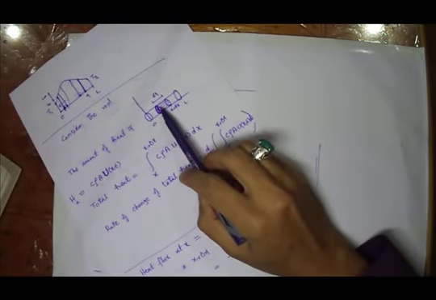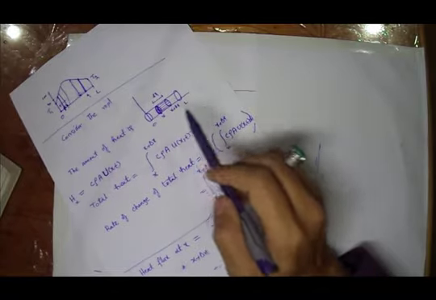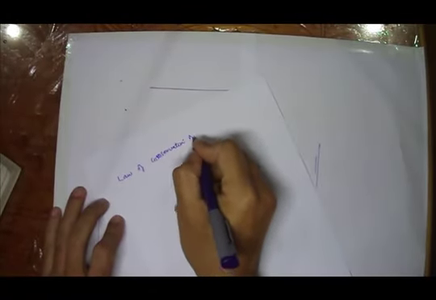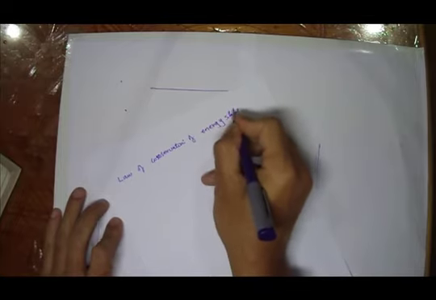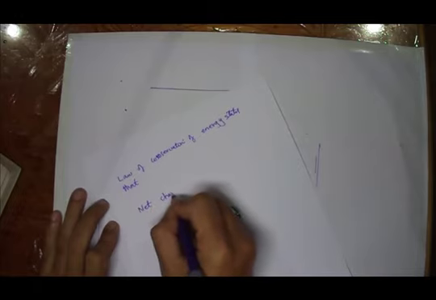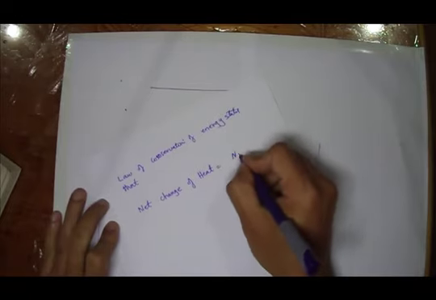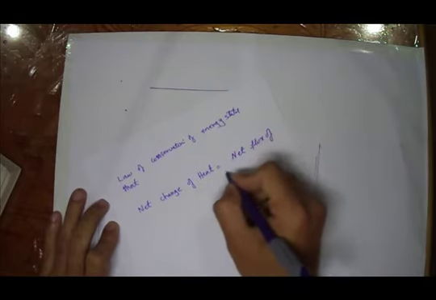Now, if we apply the law of conservation of energy, the law of conservation of energy states that the net change of heat in this portion is equivalent to the net flux of heat across the boundary.